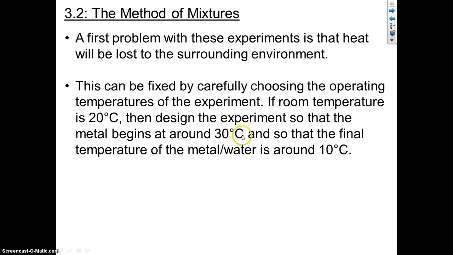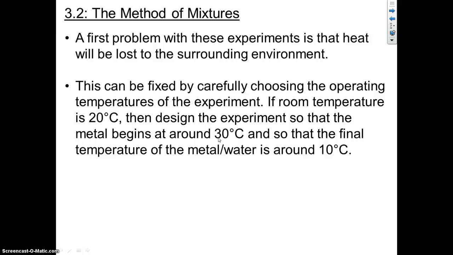Because if you do that, then as the 30-degree metal goes down to 10 degrees, in the first half of that cooling process, it'll be moving to 20 degrees, and it'll be giving off heat, some of which will be given off to the environment.